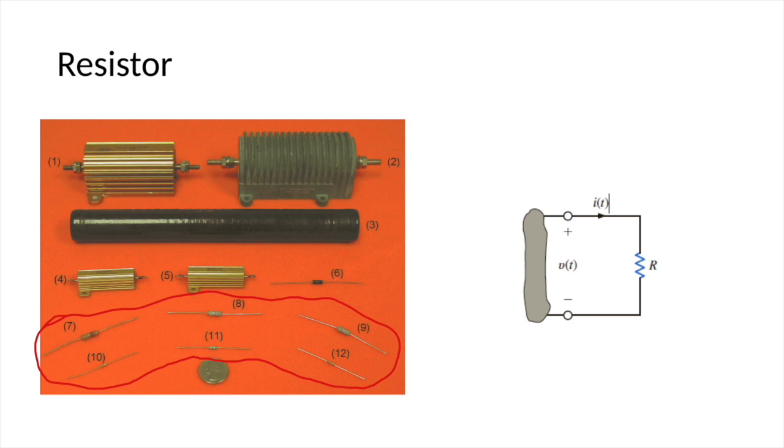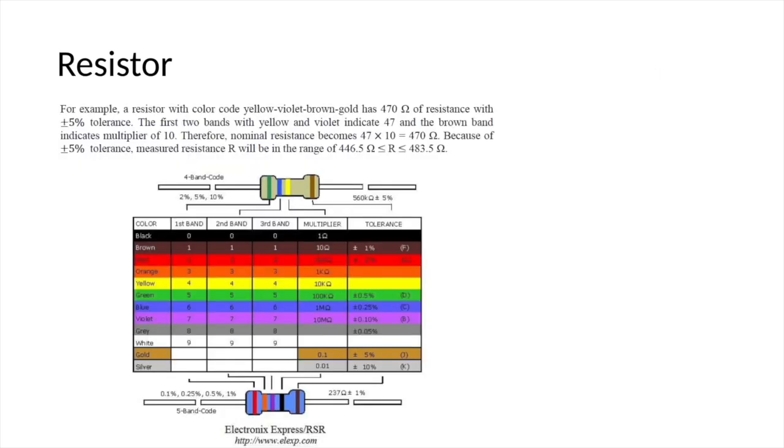The symbol of the resistor usually uses R, and the symbol is like this. The resistor has a color code, and we can read the resistance from the colors. We will introduce this in detail in the first lab.